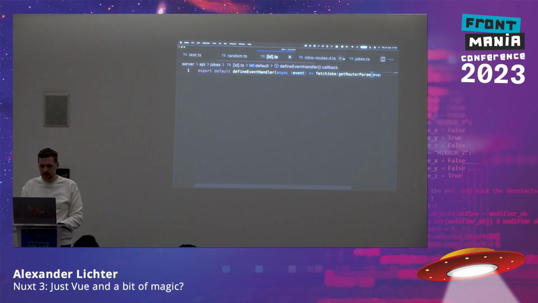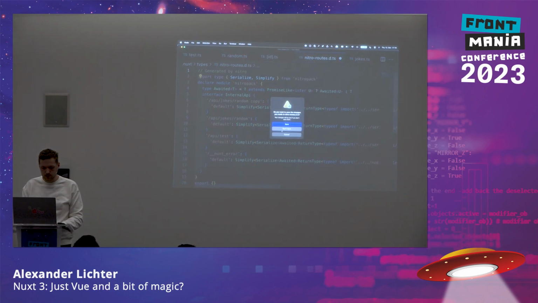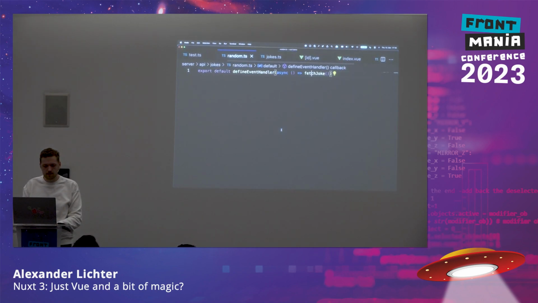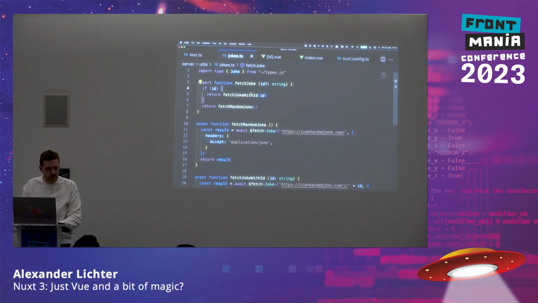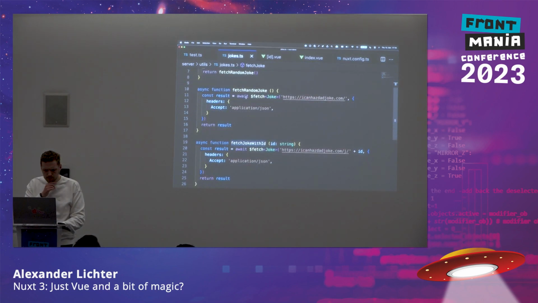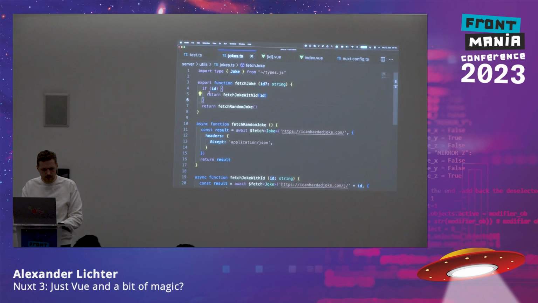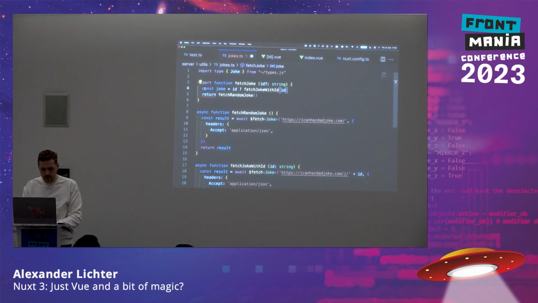Well, we go, not in this auto-generated file, because that doesn't need to change, back into our jokes util. And here, technically, we can say const joke is, if there's an ID, then we fetch it. And otherwise, of course, we just fetch the random joke. And the joke we want to save somehow, right? So here, save the joke to a file.